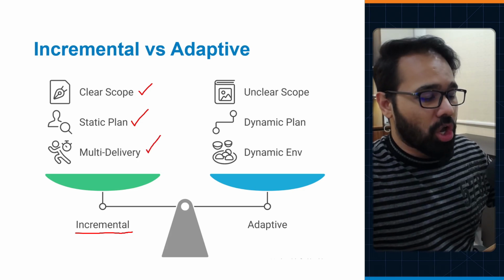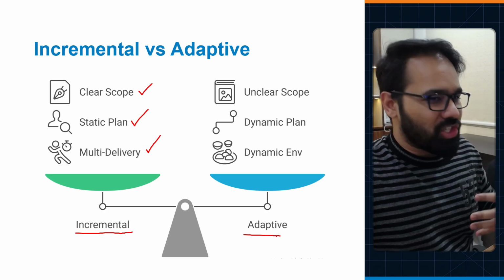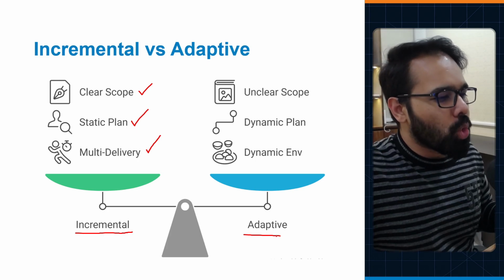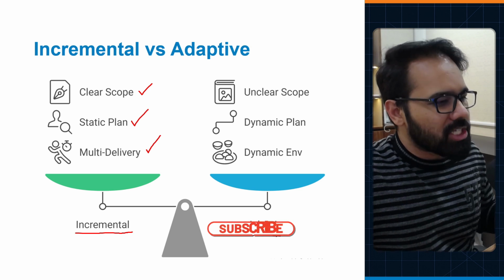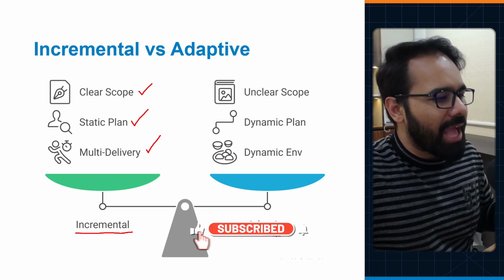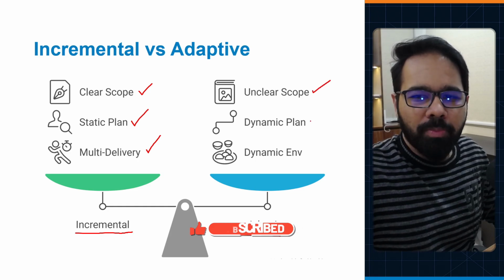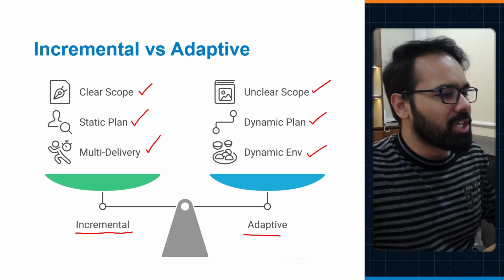But when we talk about the adaptive approach, just like our personal chef, you should expect the scope to change. So you should use small deliveries to figure out what the scope actually is. So what you have here is unclear scope, a dynamic plan, and a dynamic, changing environment.